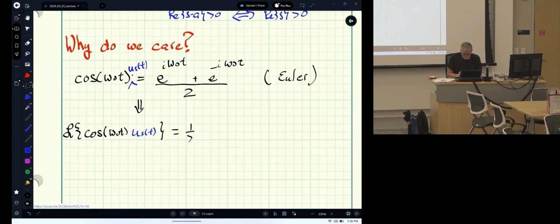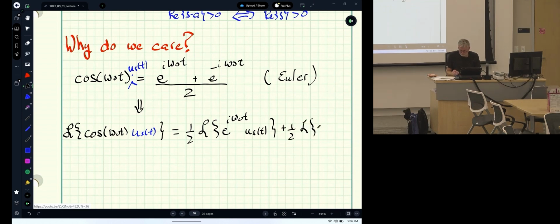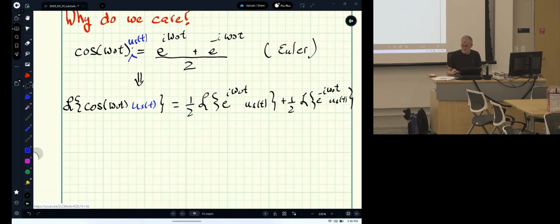Okay, so it's 1/2 Laplace transform of e to the i omega naught t unit step of t plus 1/2 Laplace transform of e to the minus i omega naught t unit step of t. So just use Euler. It's an integral, so the integral of a sum is the sum of the integrals, and bring the half out and all that kind of stuff, okay?